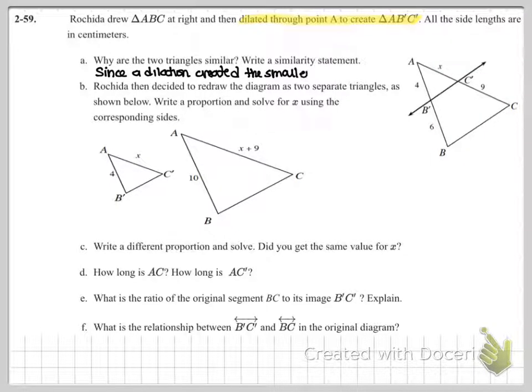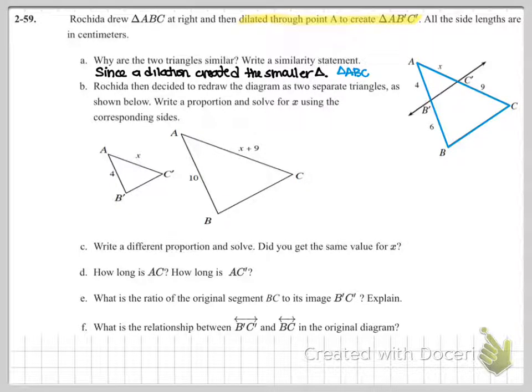And then we want to go ahead and write the statement. All right, so let's go ahead and take a look at these triangles. So I'm going to use blue to color code the original triangle. So no prime marks or tick marks on this. So I'm going to call that triangle ABC.